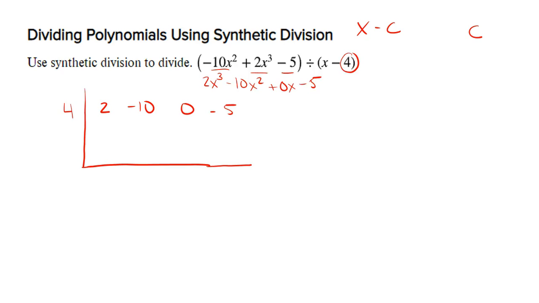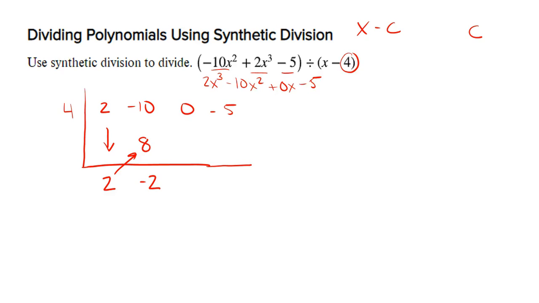To do synthetic division, what you want to do is bring the first number down. So we're just going to write a 2 here. And now we multiply outside of this. 4 times 2 is 8. And we put that number here. And then we add again. Negative 10 plus 8 gives you negative 2.